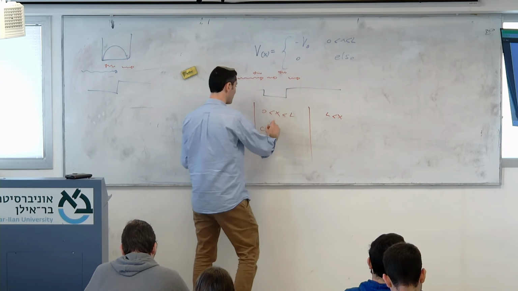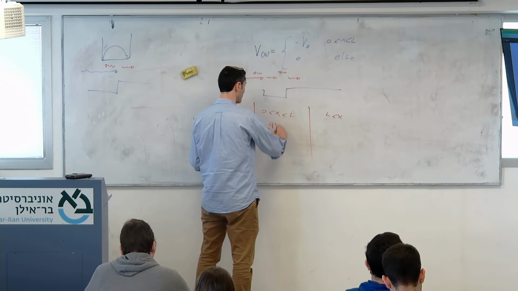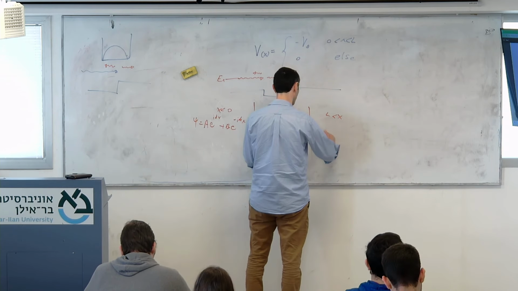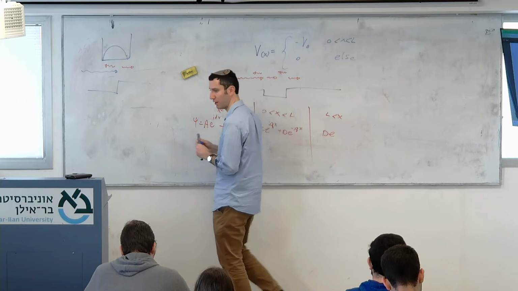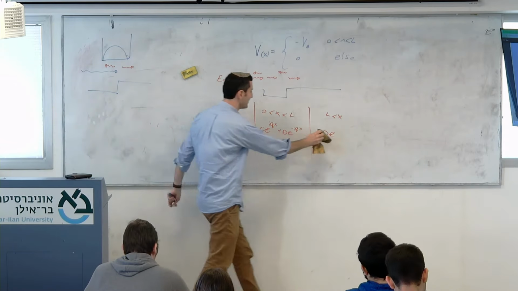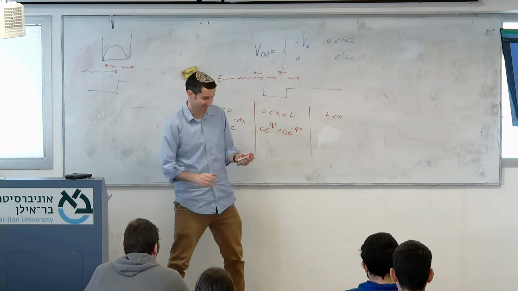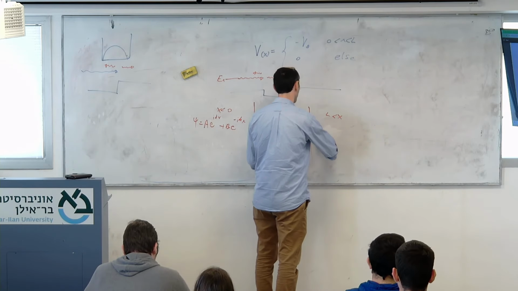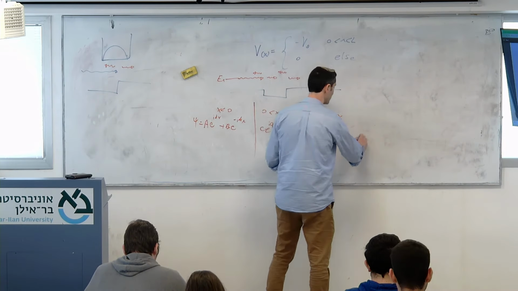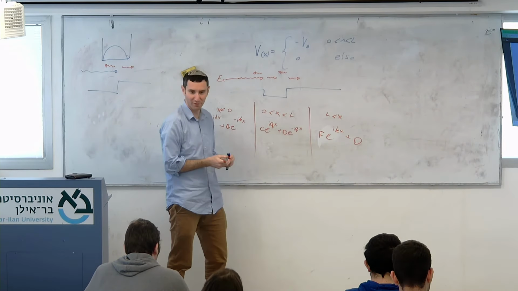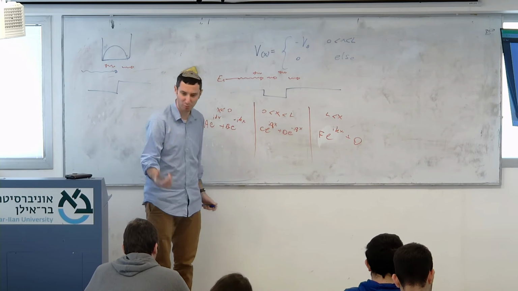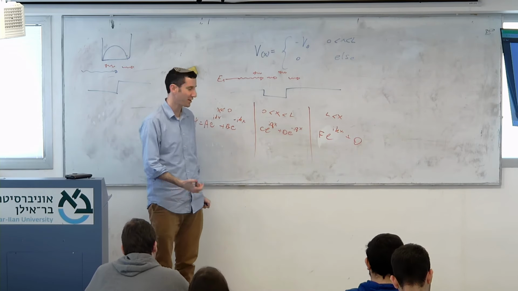Because here I have a different energy. And here we have f e to the ikx plus 0, because there's no wave coming back. I would require continuity of the wave function, continuity of the derivative, etc.